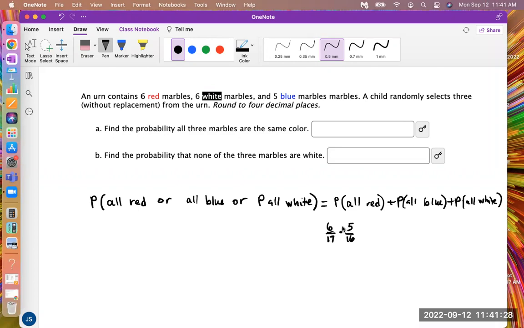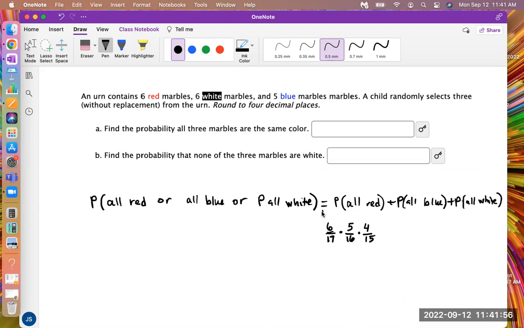For them to all be red, the first one would have to be red, and then you have 5 red left. And then you also have fewer marbles in total, so it's 5 out of 16. The third one being red would be 4 out of 15. Because if they're all going to be red, that's equal to the probability the first one and second one and third one are red, right?